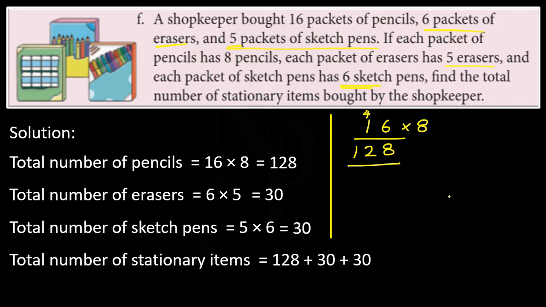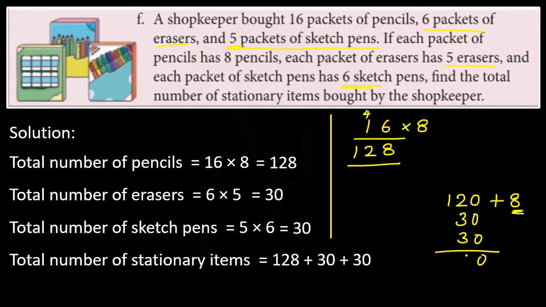128 can be written as 120 plus 8, and then we have 30 plus 30. Adding this, what do we get? 30 plus 30 is 60. 60 plus 120 is 180, plus 8 will be 188.